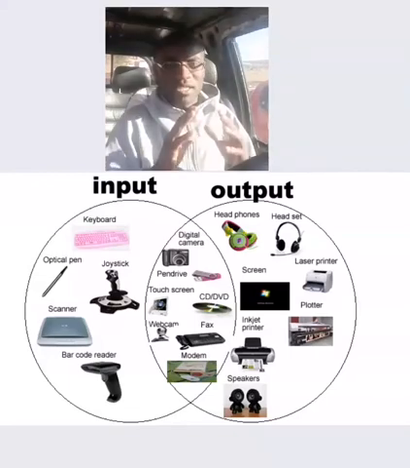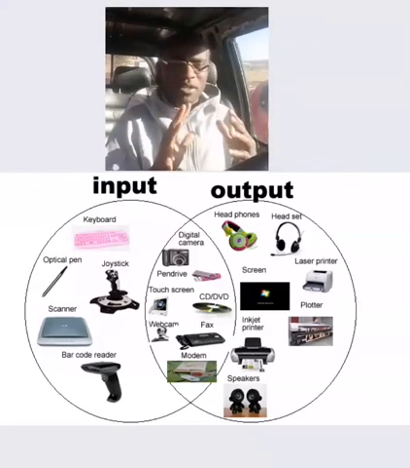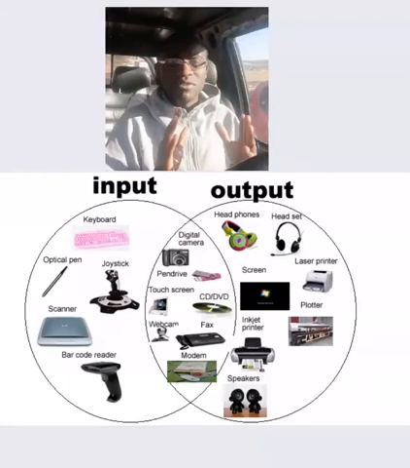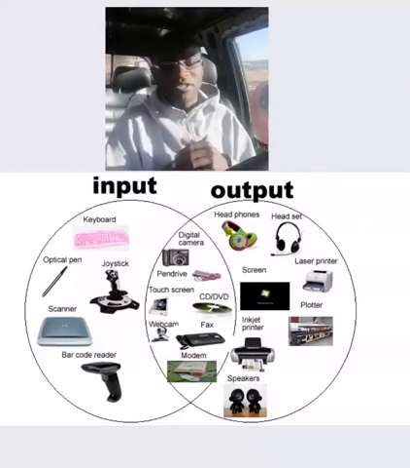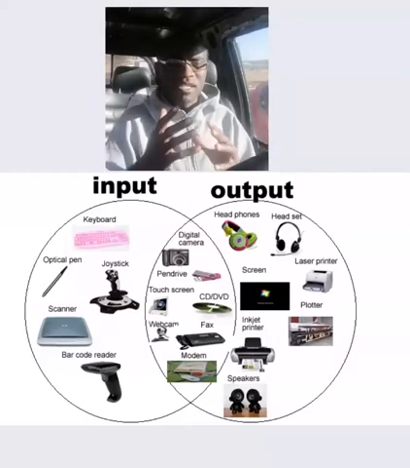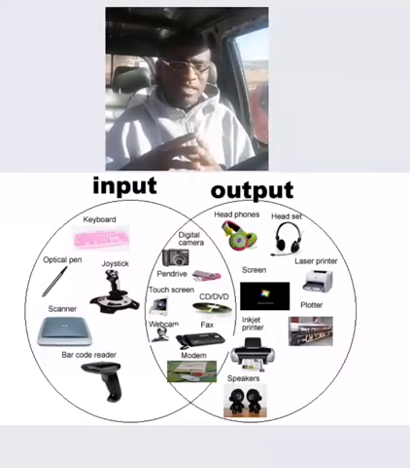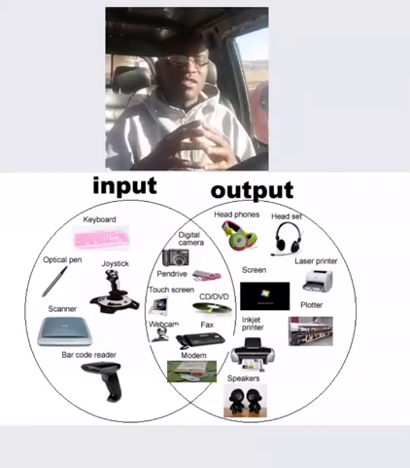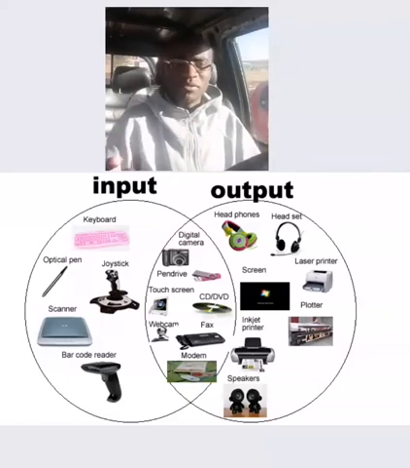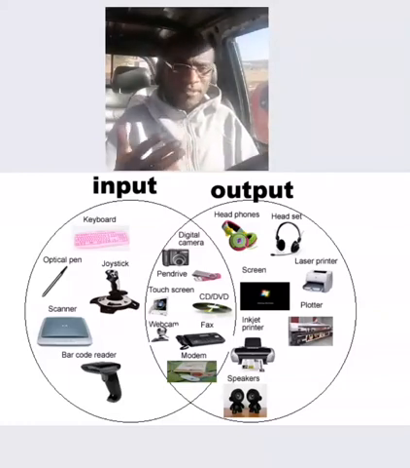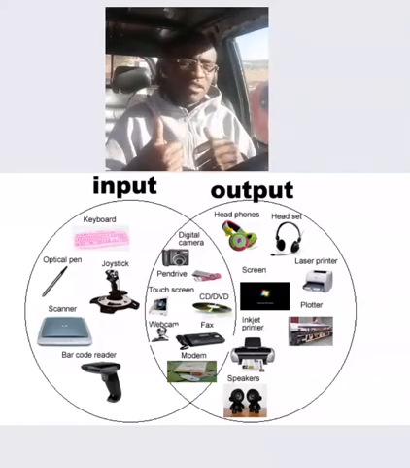So computer hardware is divided into two broad categories depending on the way they function. We have some components called input devices, and some called output devices. What is the difference between the two? Okay, to start with, input devices.